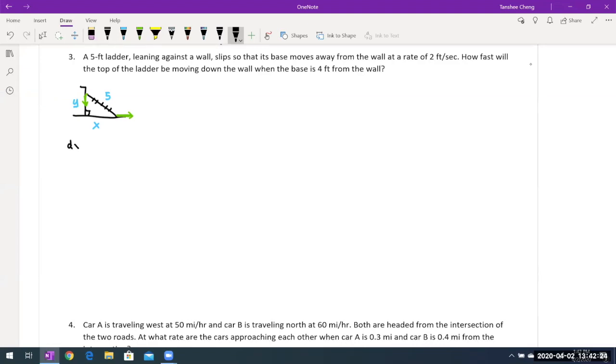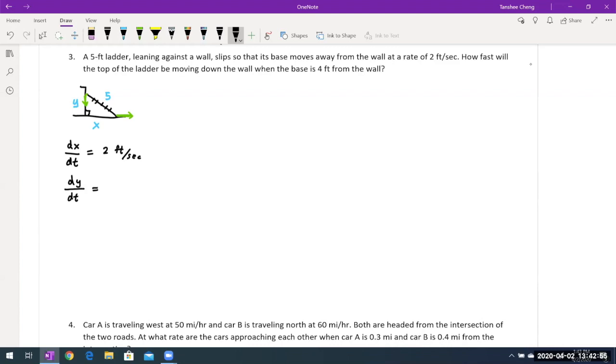And the given is this: it's slipping away from the wall, moving away from the wall at the rate of 2 feet per second. So that means dx/dt is equal to 2 feet per second. What we are interested in is how fast the top of the ladder is moving down, so we are looking at dy/dt.